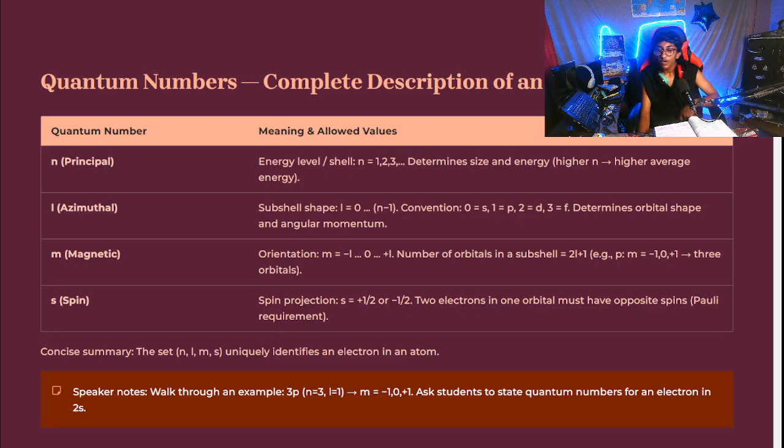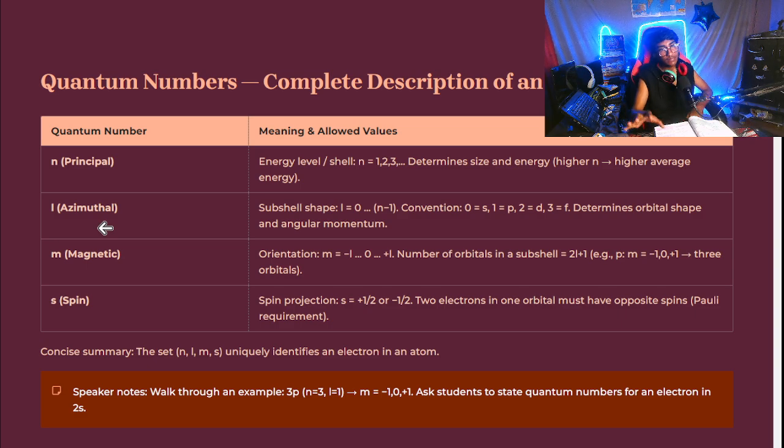Okay. So let's go to the third slide, the magnetic quantum number. The third quantum number is the magnetic quantum number, represented as m. It is given here. You can see it? Yes, it is visible.